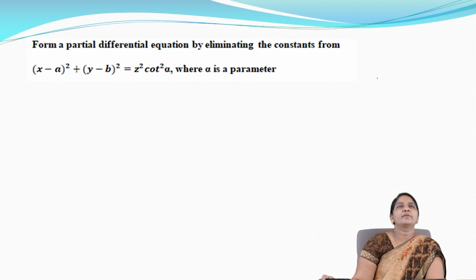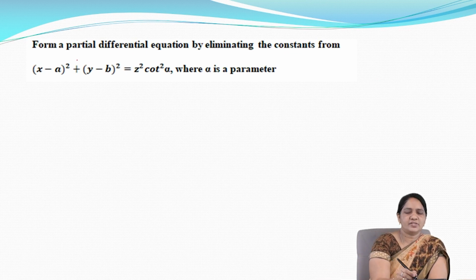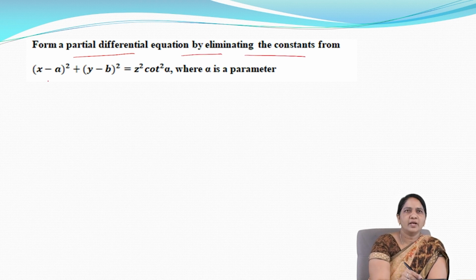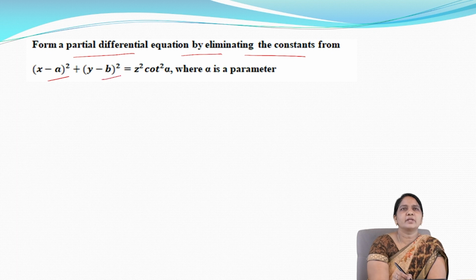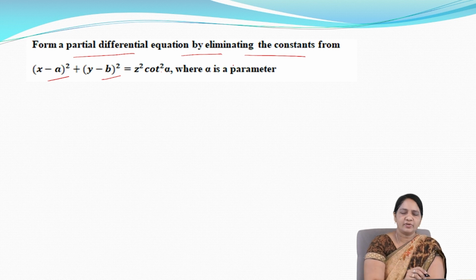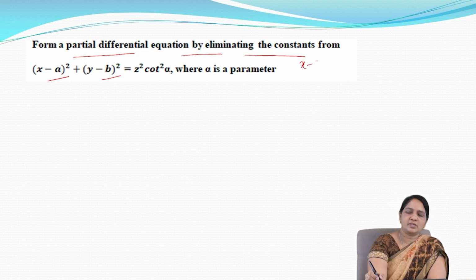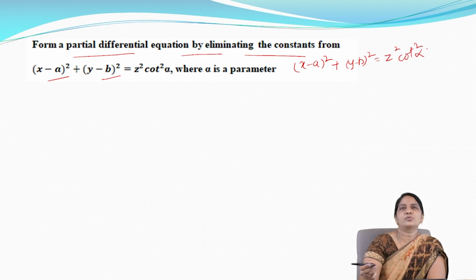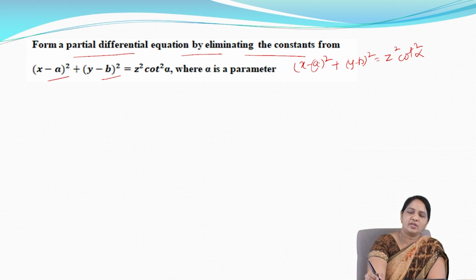So I am going with one more example: form a partial differential equation by eliminating arbitrary constants from (x minus a) whole square plus (y minus b) whole square equal to z square cot square alpha, where alpha is the parameter. So what are the arbitrary constants we are having? a and b.